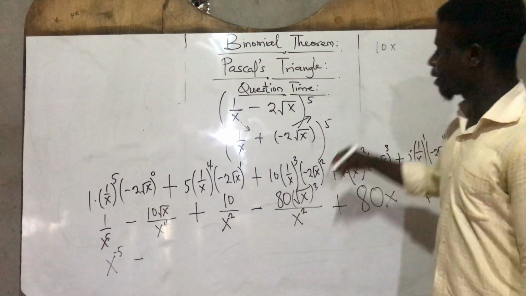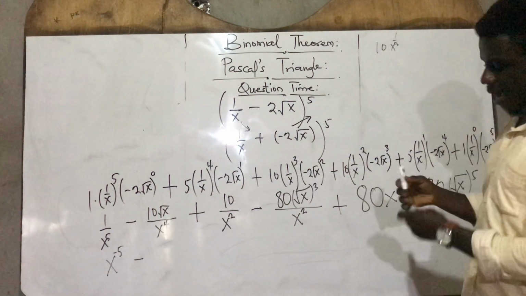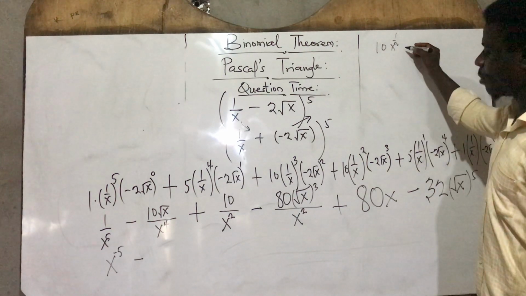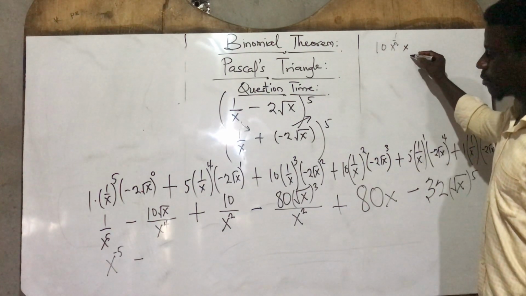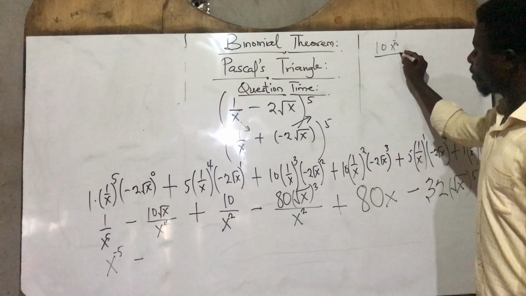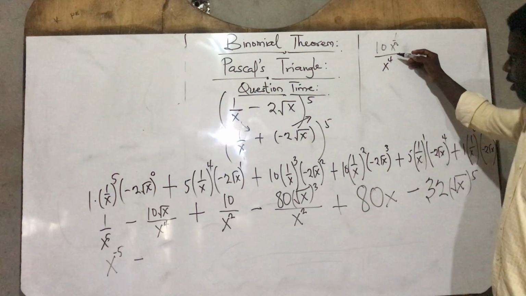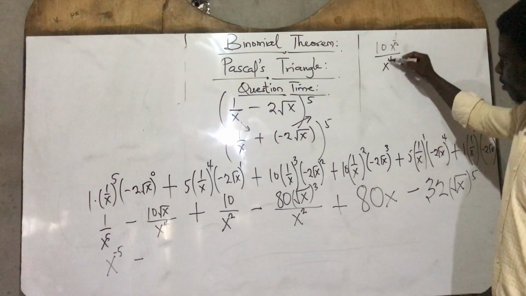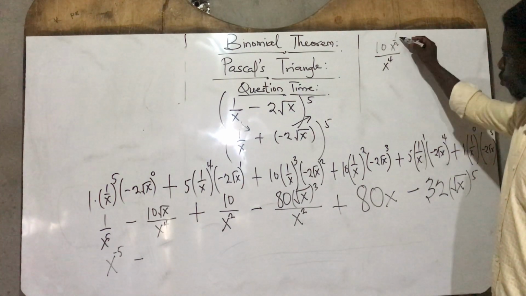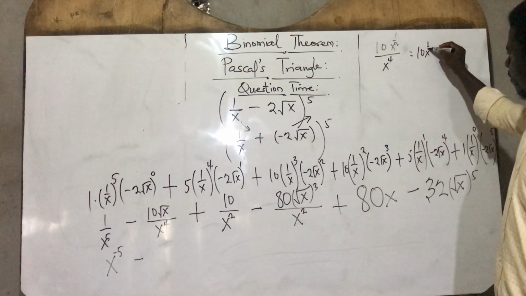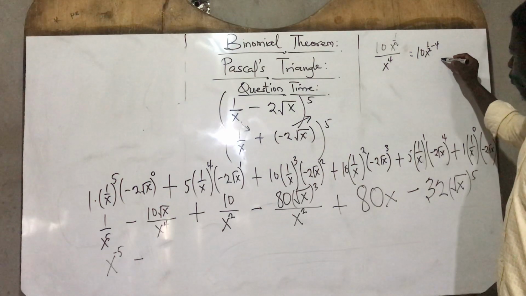10x. Square root can be written as half, right? It can be written as half. Then I have my times, or let me do it, divided by x to the power 4, right? Now, this one, they have the same base, I believe you can see, and they are dividing. So what do we do? We subtract the exponent. We will get 10x to the power half minus 4, right?